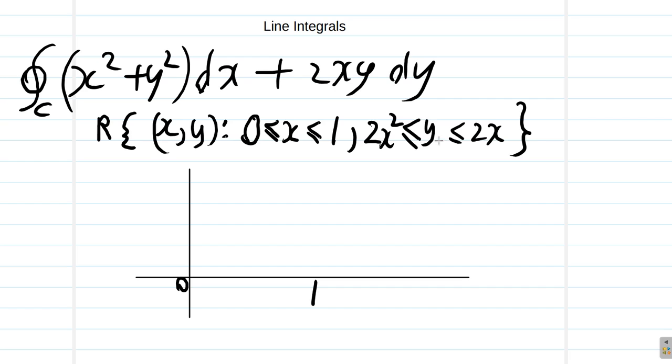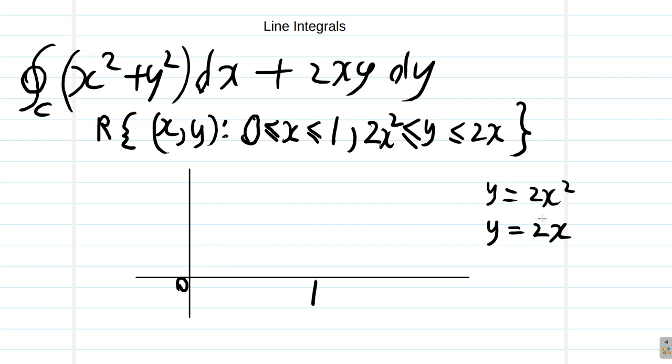Now, as for y, you have a curve with the equation y is equal to 2x squared, and another curve that says y is equal to 2x. So you have two equations here.